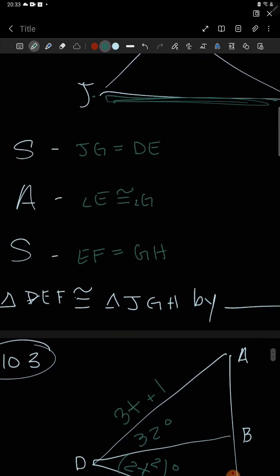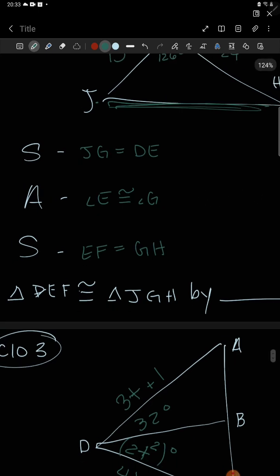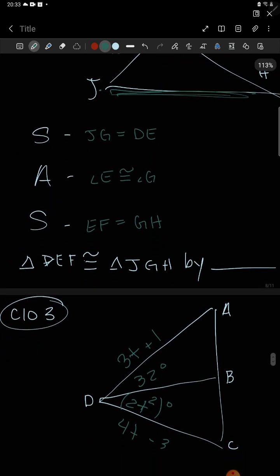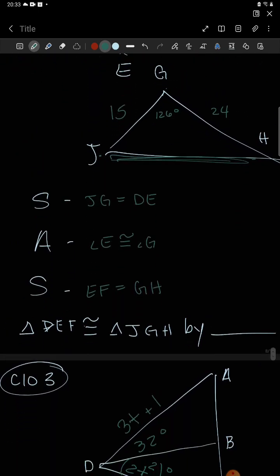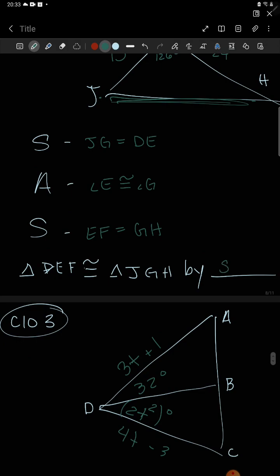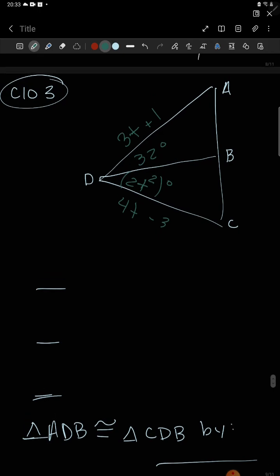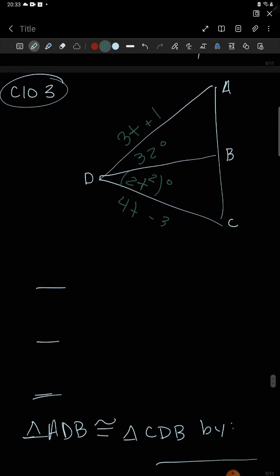Okay, but you can do either one. And honestly, I don't mind if you say that, because I understand what you mean. The measure of angle E is equal to the measure of angle G. Okay, so how do we know that these two triangles are congruent? Well, we proved it by side angle side. Okay, let's do check it out 3 on your paper.